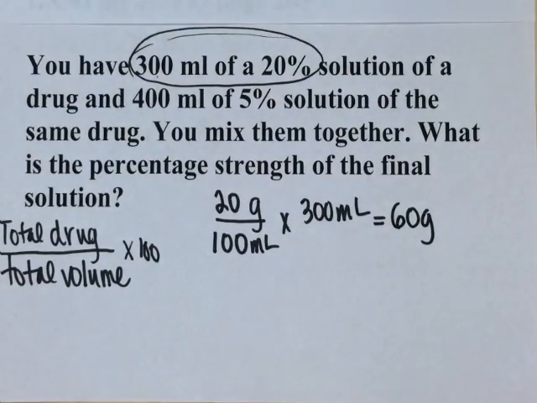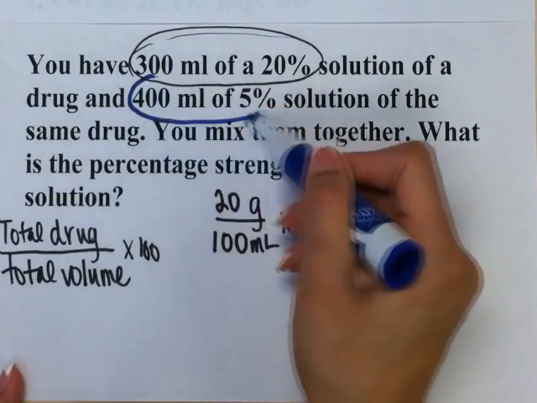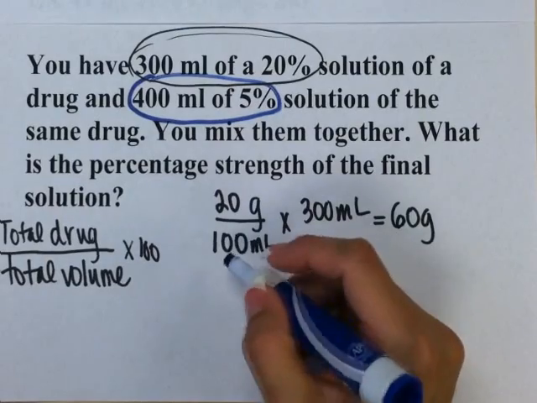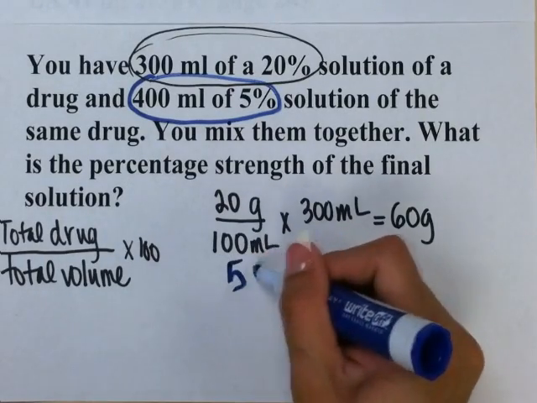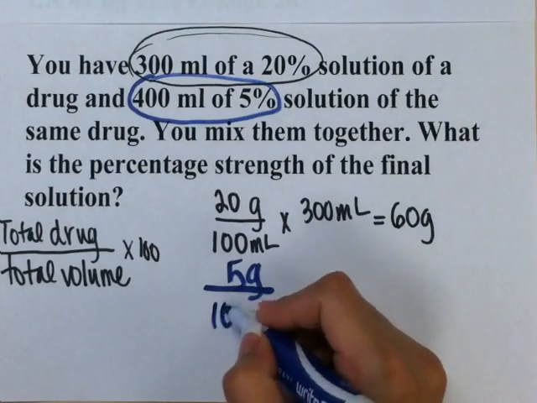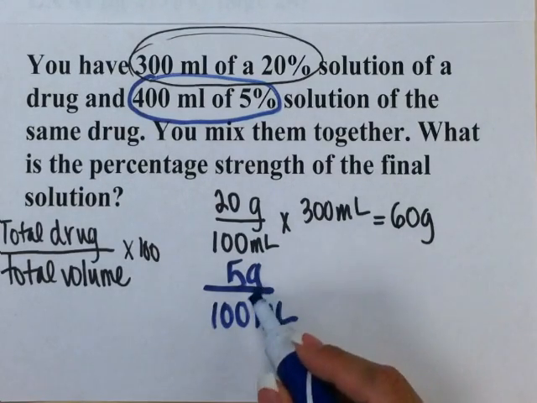Now we're going to focus on the 400 mLs, that's 5%. So that, same thing, we're going to do the same process. We need to know how much drug is contributed by that portion. So again, we'll have 5 grams over the 100, because that's simply from the 5%.